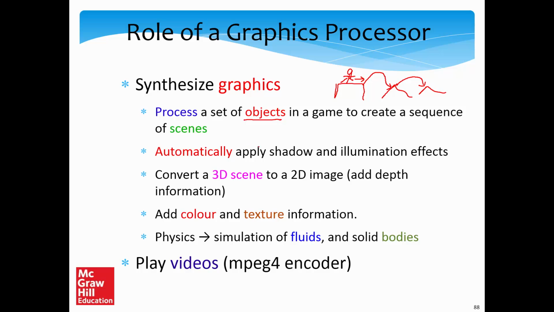It is also able to apply shadow effects, shadows of characters, illumination effects. It converts a complicated 3D scene to a 2D image, because ultimately a monitor will show a 2D image. A monitor, let's say a 1024 by 768 monitor, can only show that many pixels.